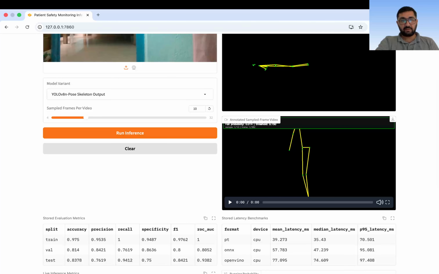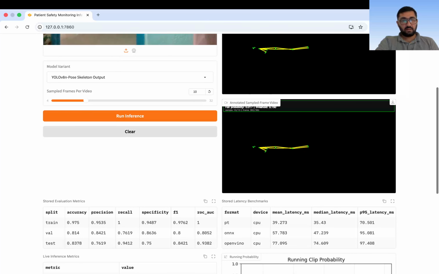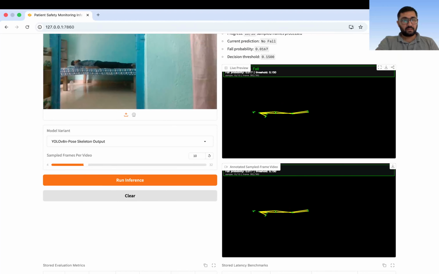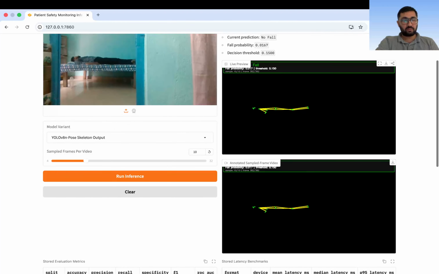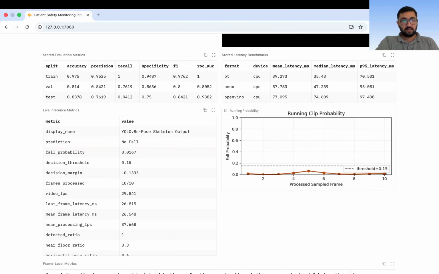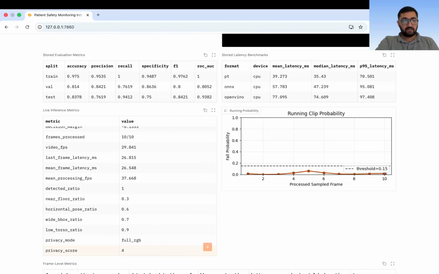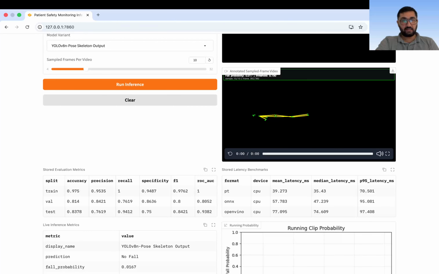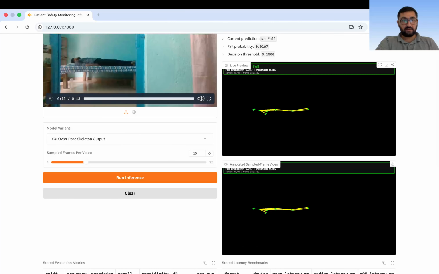These are the sample frames, and this is a pose skeleton output, and you can see there is no fall in our graph. It is below the threshold, and it has a privacy score of 4 because you cannot see anything here, just a skeleton.